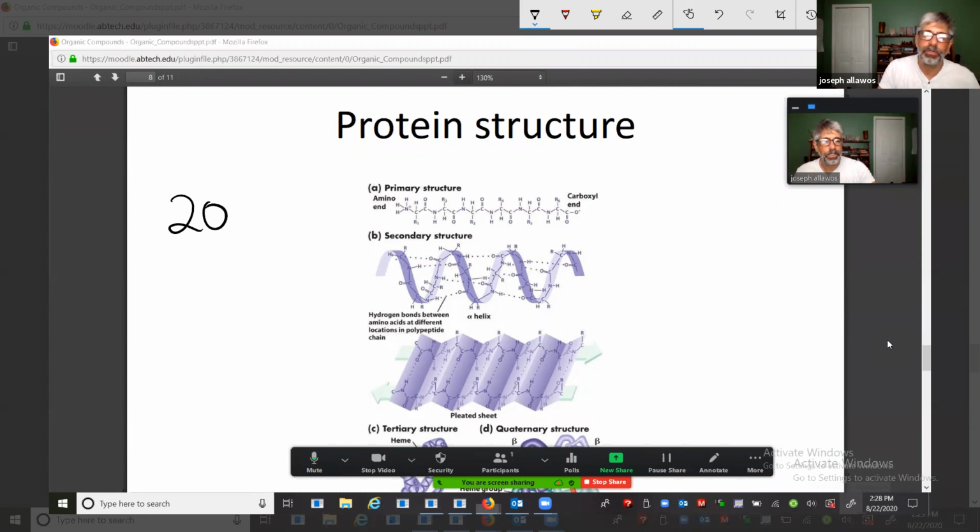Imagine if you had a refrigerator box with 20 different colored beads in it that you could stick together. And I randomly said, okay, I want everyone to make a protein. You start sticking these beads together by reaching into the refrigerator box and pulling one out and sticking it to the next one. What are the chances any two of you make the same one? That would be the question.